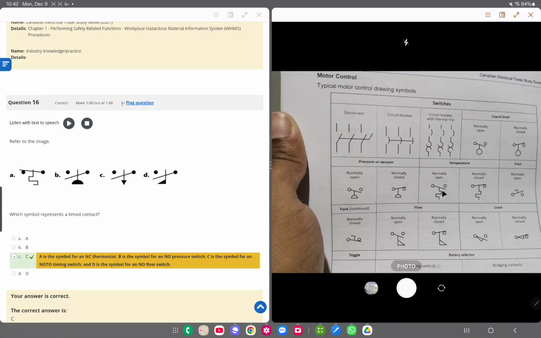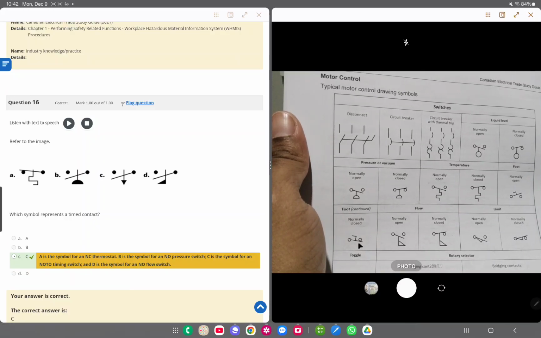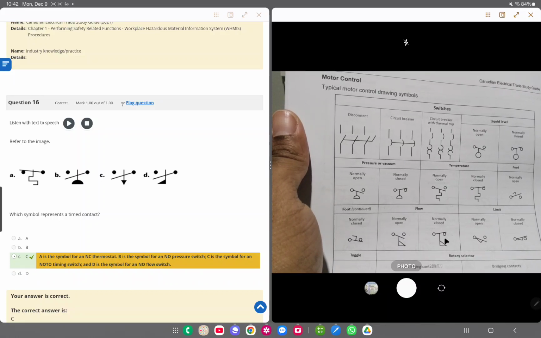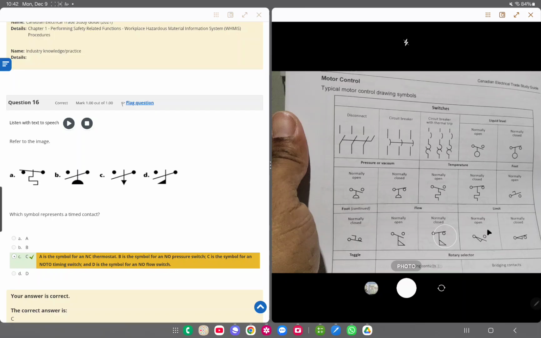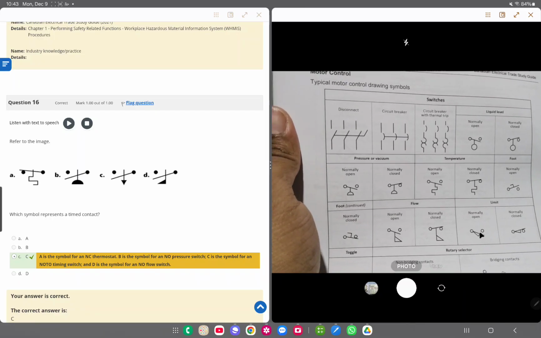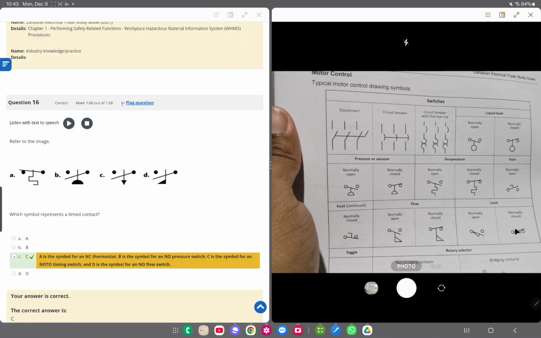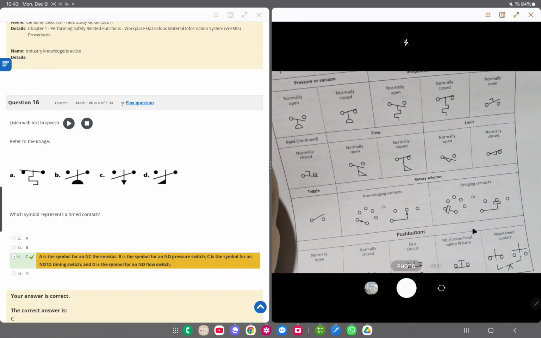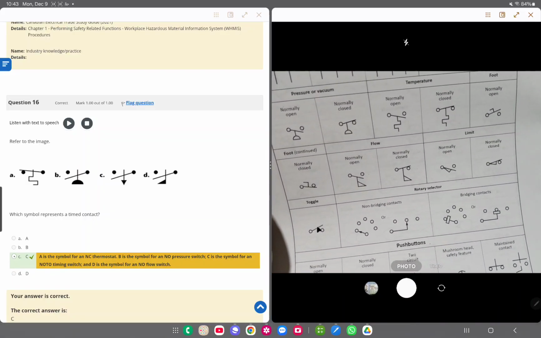So here we have a normally open temperature, normally closed temperature, normally open foot, normally closed foot, normally open flow, normally closed flow, normally open limit, normally closed limit. We have a toggle here.